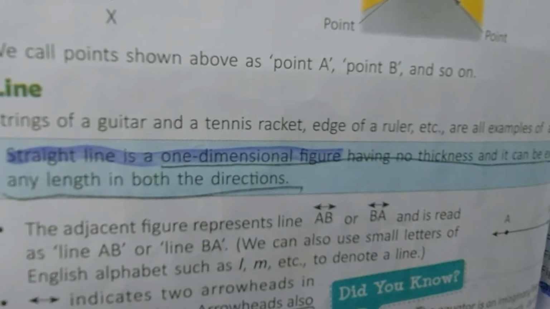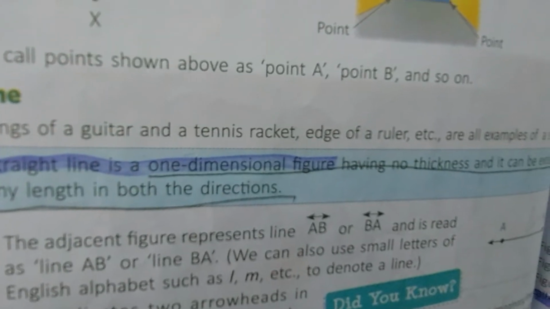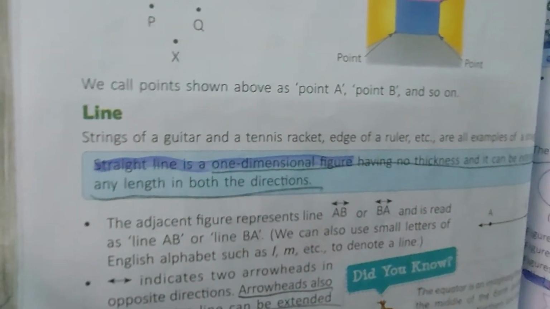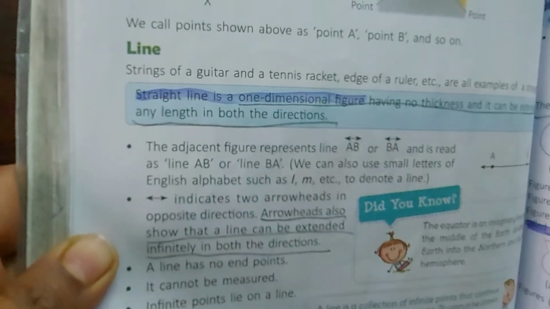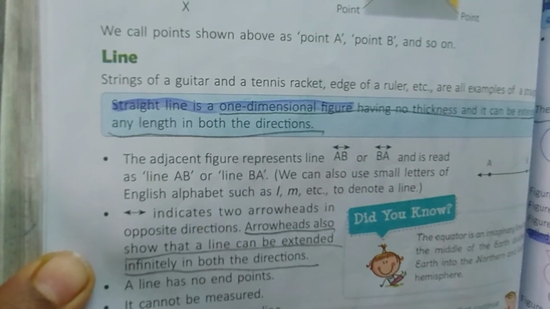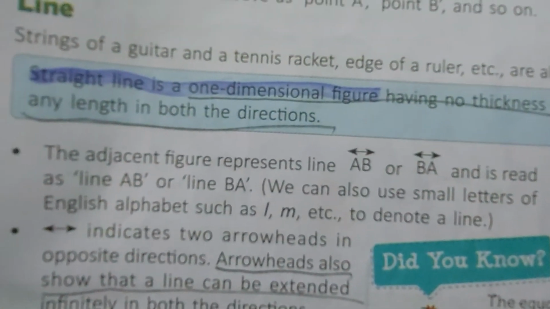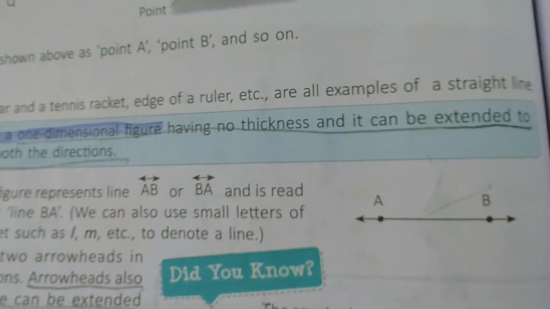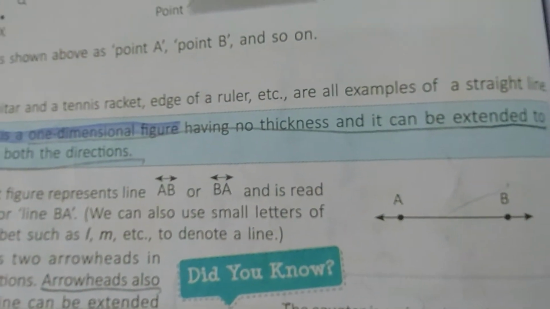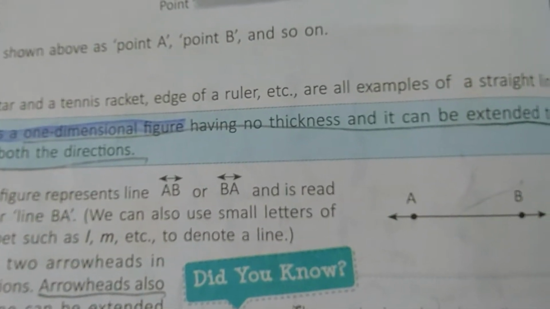Next we turn towards a line. What is a line? A straight line is a one-dimensional figure. It has no thickness and it can be extended to any length in both the directions. We see here we have a line with 2 points A and B and 2 arrows.